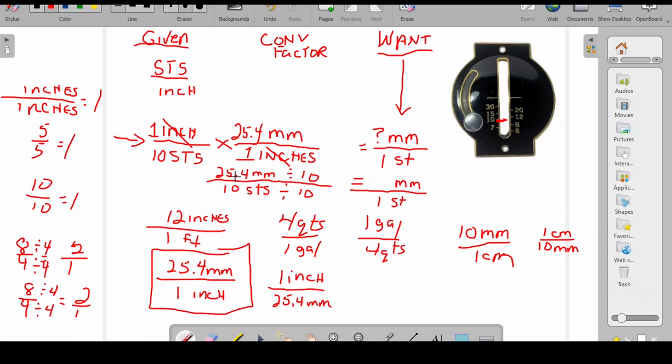So we move this decimal point 1 unit or 1 placeholder to the left. So that makes this 2.54 millimeters for 1 stitch.